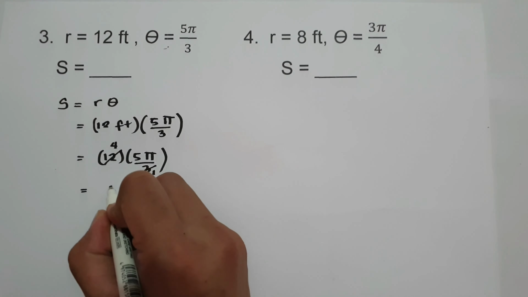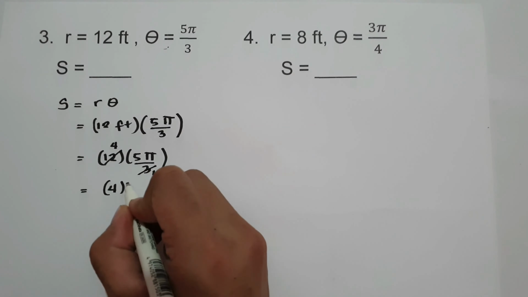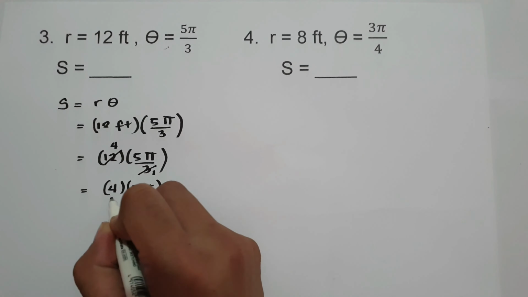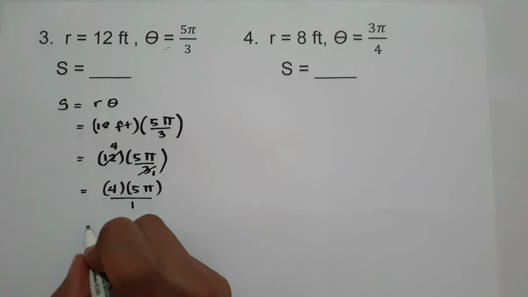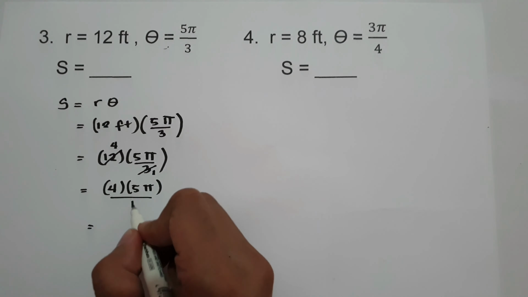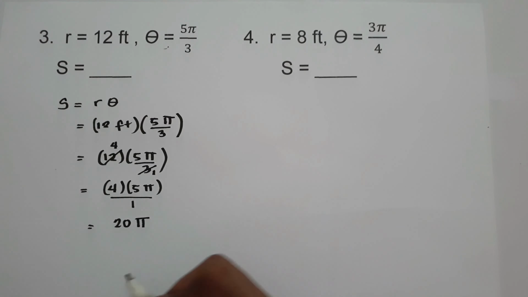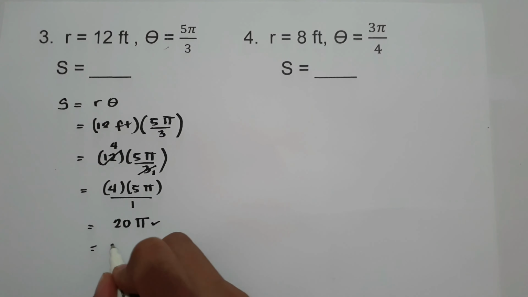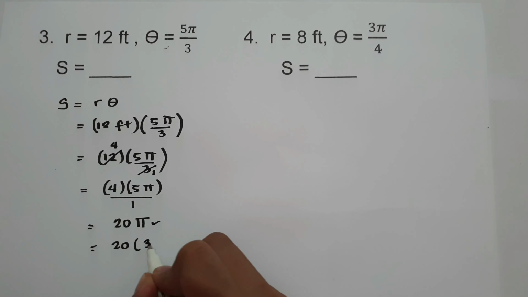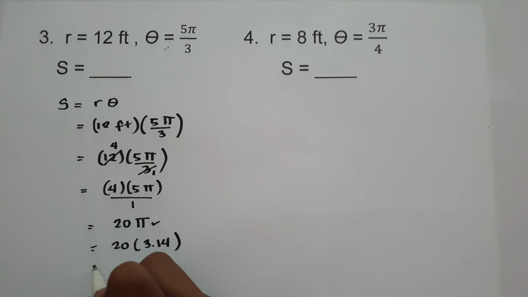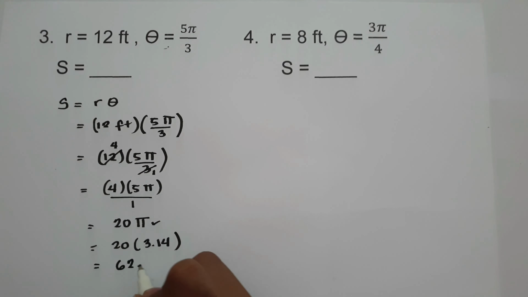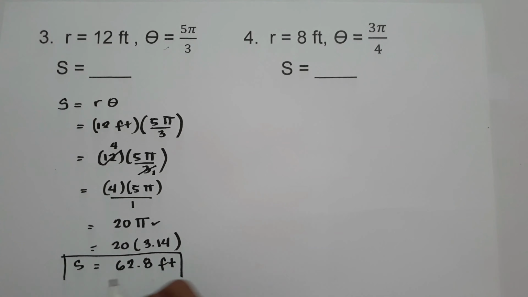Therefore, we have 4 times 5 pi over 1. 4 times 5 divided by 1 is 20 pi. 20 pi is 20 times 3.14, which is 62.8 feet. So this will be the length of the arc.